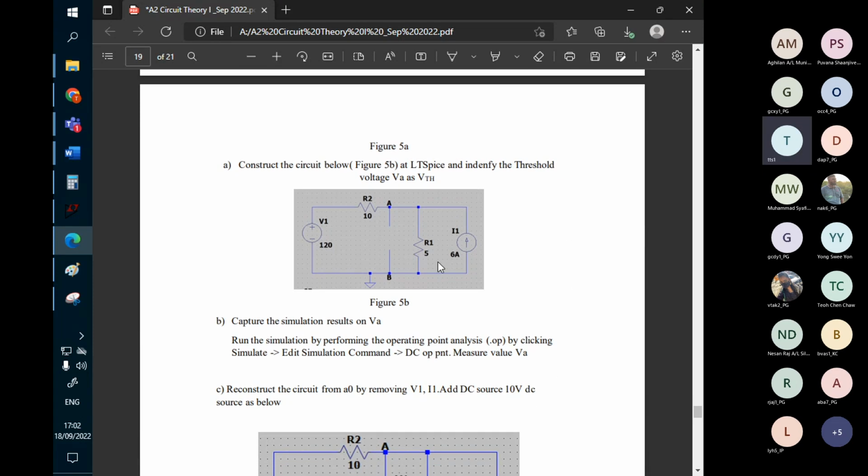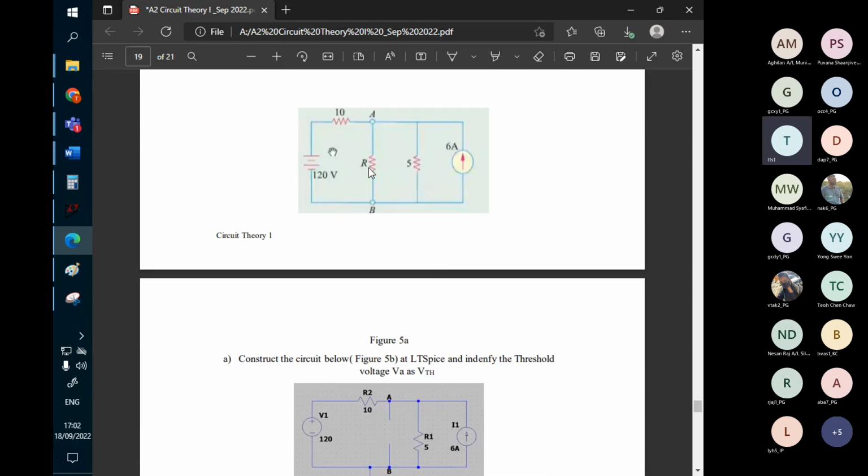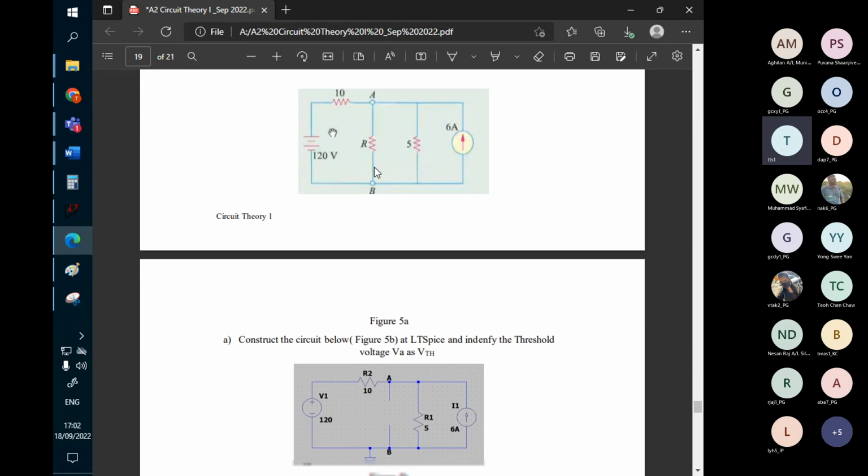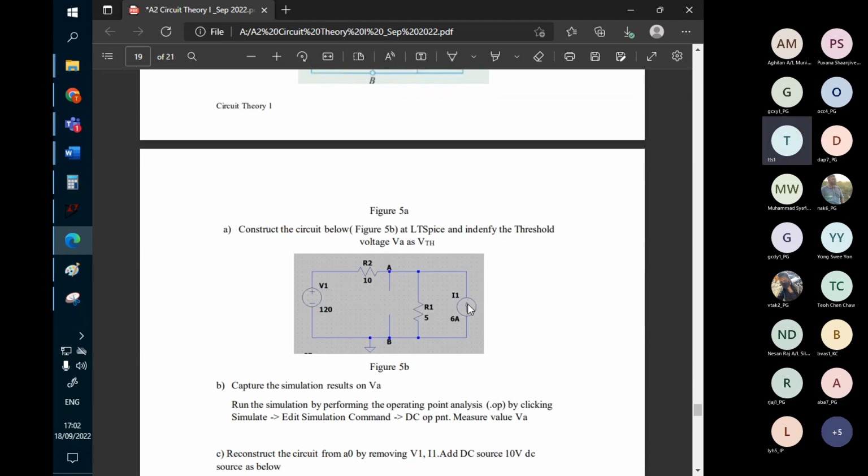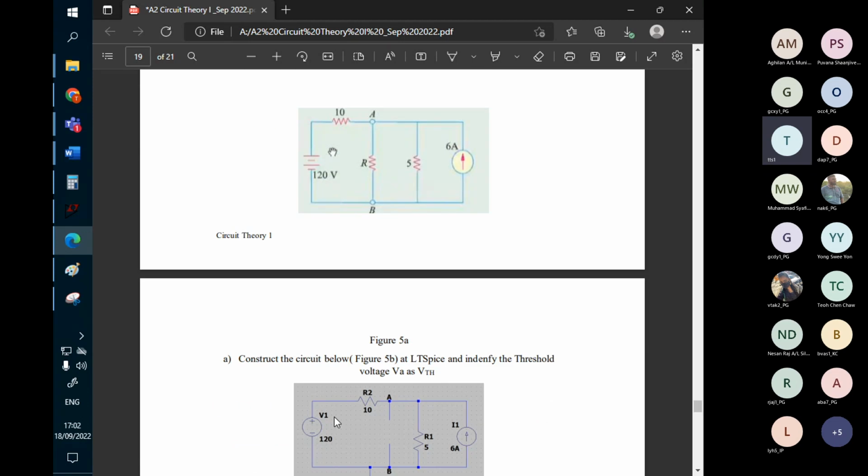First, you need to construct this circuit without the R. R is initially unknown. That means the user decides the output resistance, not the designer, who only designs these internal parts. The user decides on the final resistance for the R. So make sure you don't include this R in.